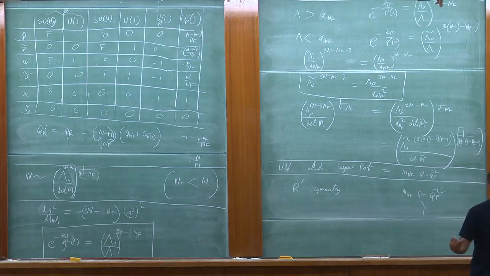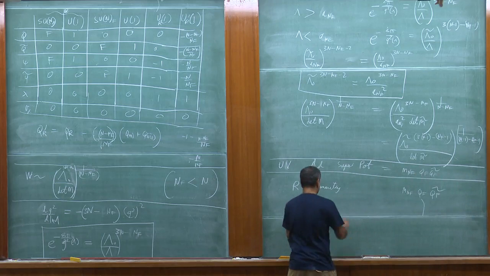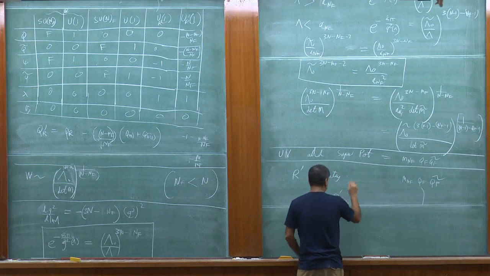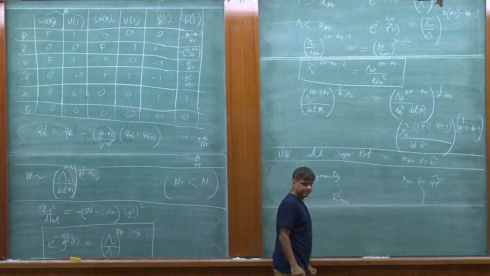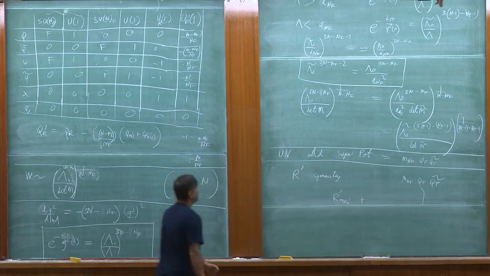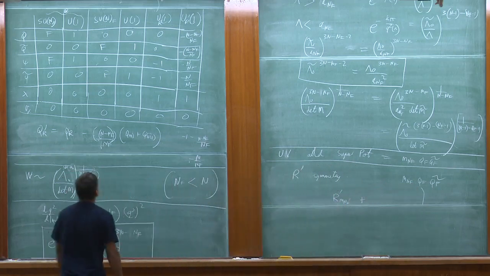We can make it do that if we give a certain R symmetry charge to this M_nf. And now we're going to calculate what that R symmetry charge is. Okay, so we want R prime of M_nf, plus now whatever this R charge is here for Q and Q tilde.